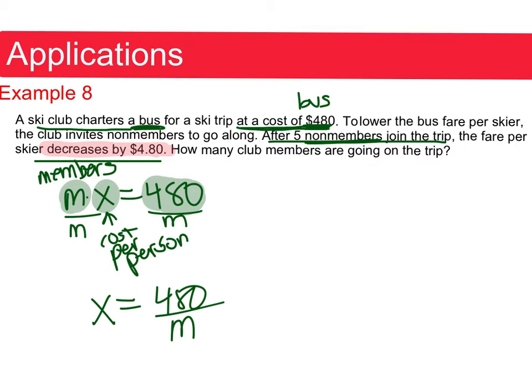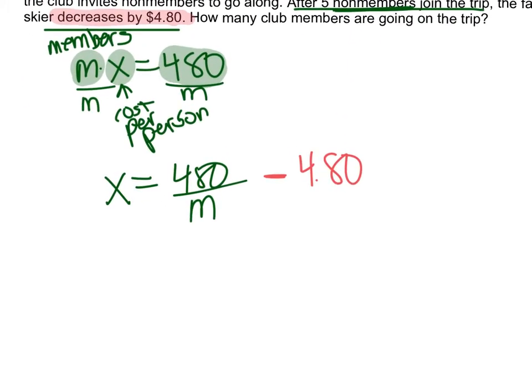So I can decrease that number by $4.80, but I also then have to consider that 5 more people came.